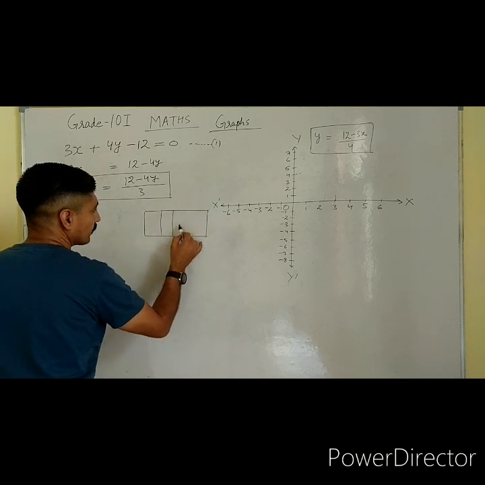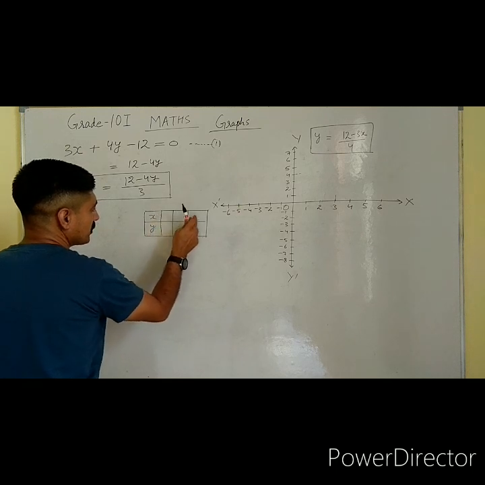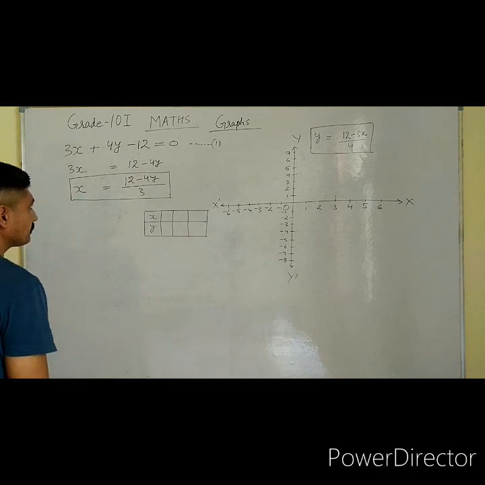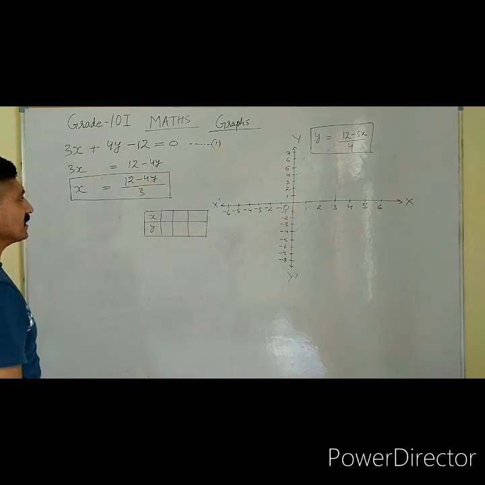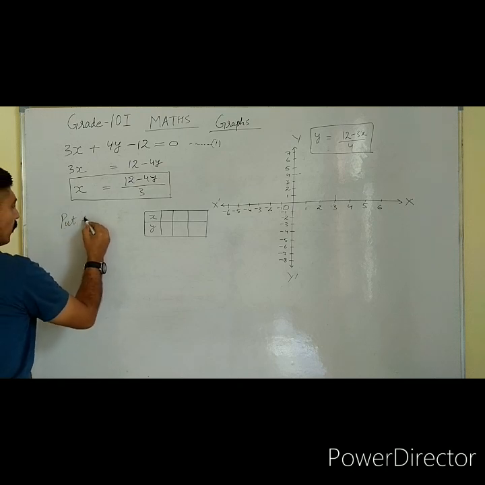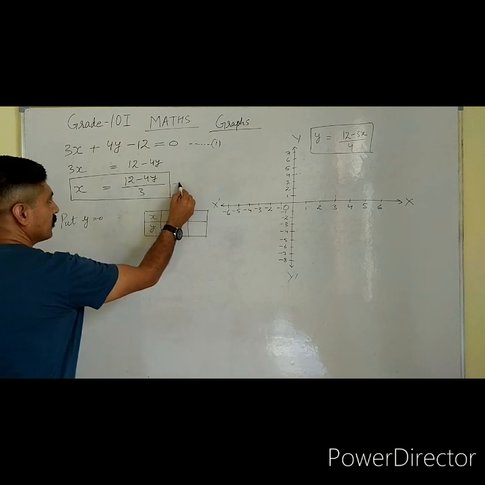If you want, we can take 3 solutions for confirmation. If y is 0, put y is equal to 0 in this equation, and this is equation number 2.